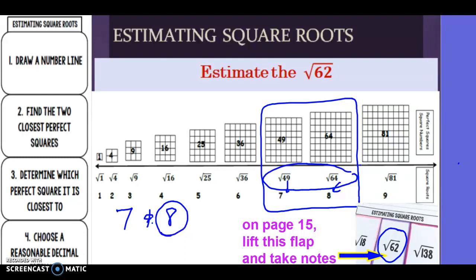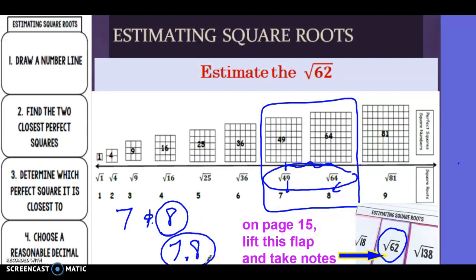So this is a little bit more than 10 spaces in between the number 49 and the number 64. But we should say that we know it's going to be somewhere close to that 8. So I'm guessing it's going to be somewhere around maybe 7.8, 7.9. I'm going to go with 7.8.